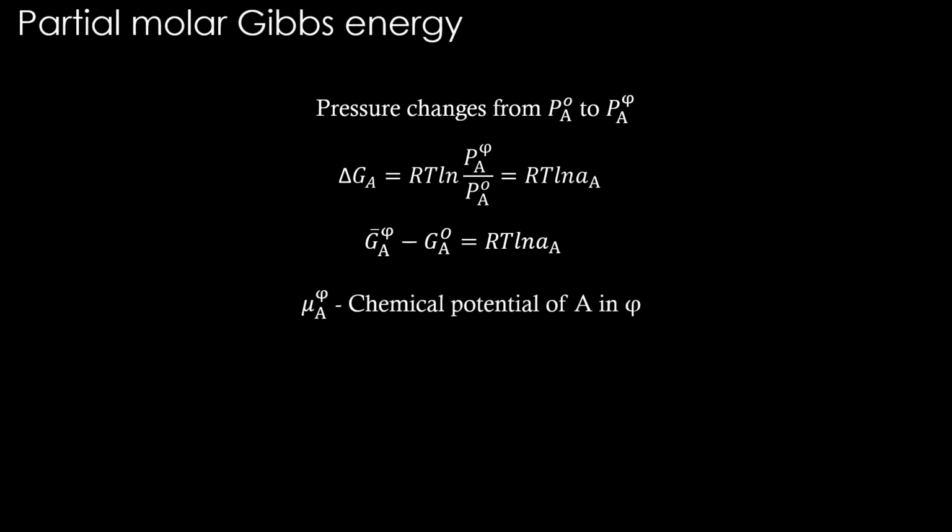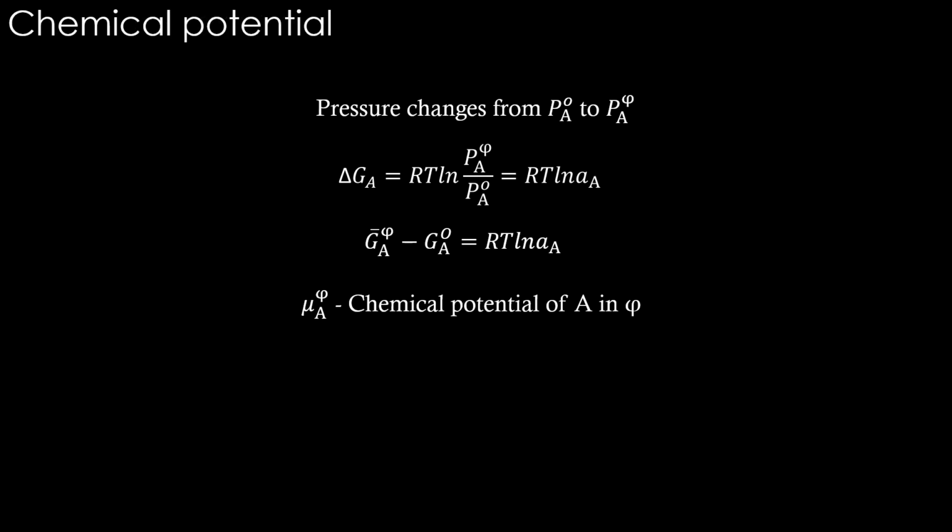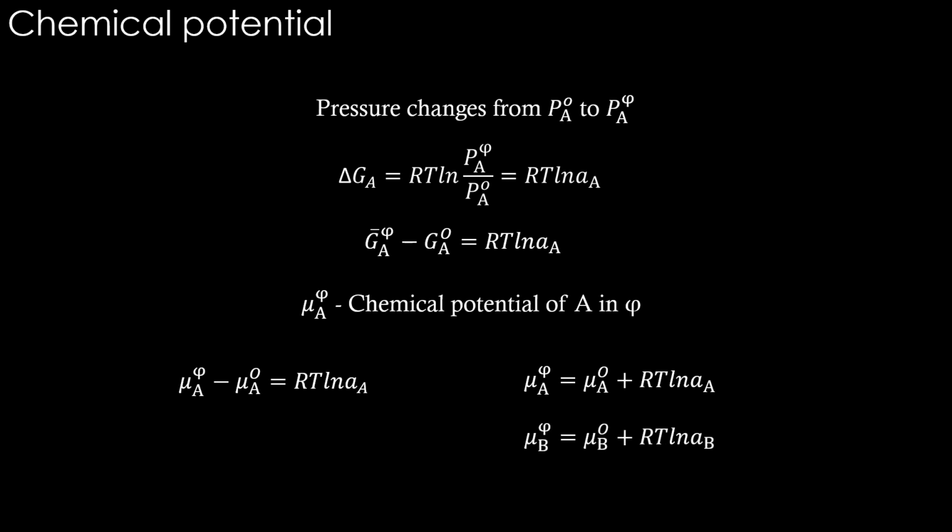This partial molar Gibbs energy is nothing but the chemical potential, mu A phi. We can write mu A phi minus mu A standard is equal to RT natural log of a A, activity of A. Our chemical potential of A is equal to mu A standard plus RT ln a A. Similarly, we can derive mu B phi.